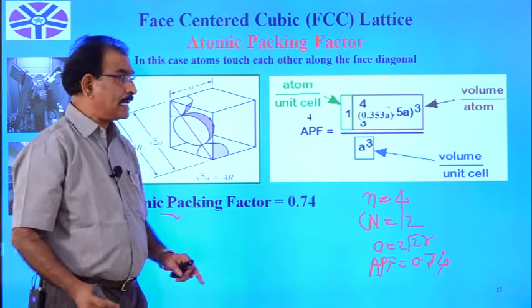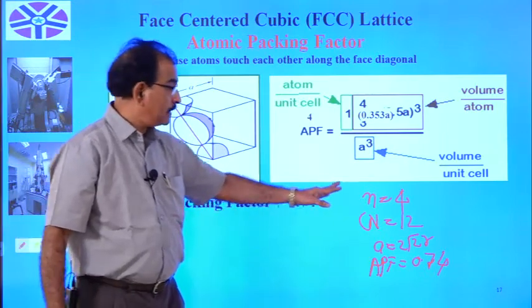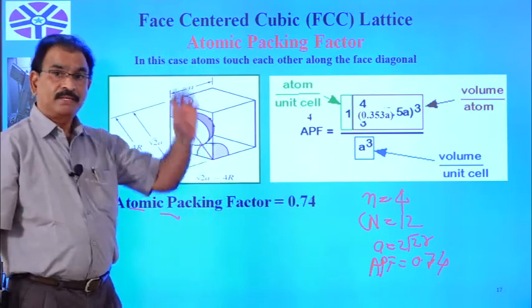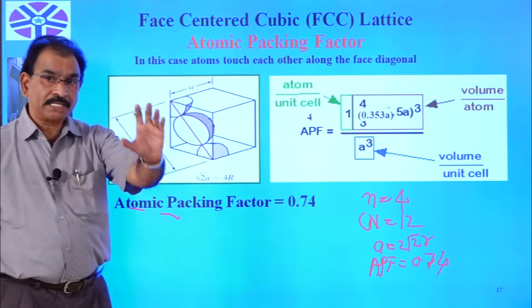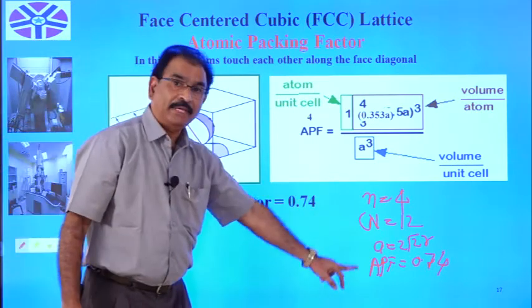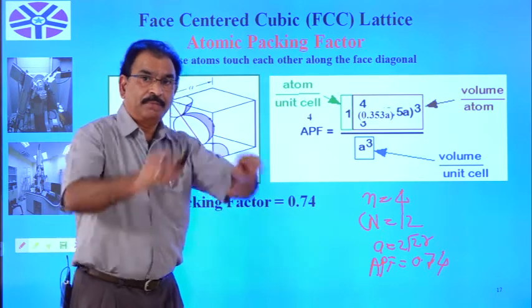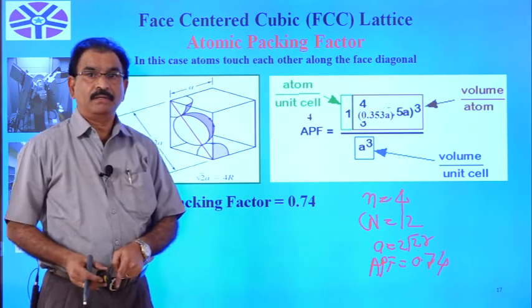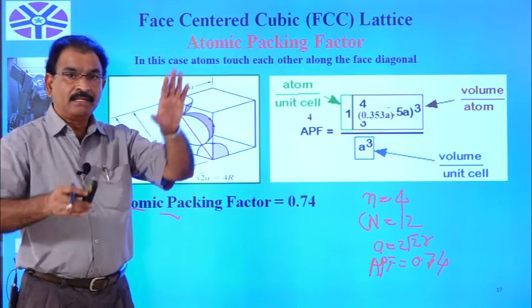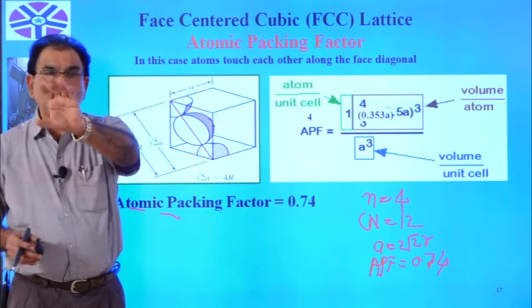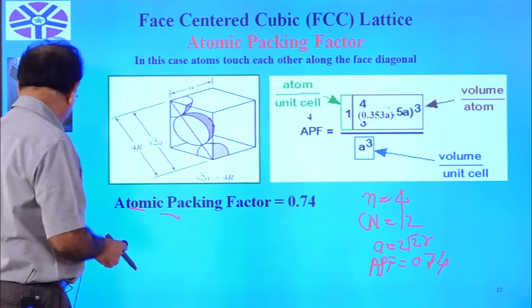In the earlier class I gave the features of simple cube and body center cube. Now, I am giving the characteristics of face center cube. You can prepare a beautiful table comparing simple cube, body center cube and face center cube.